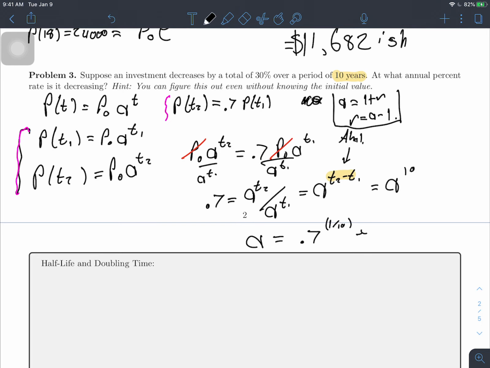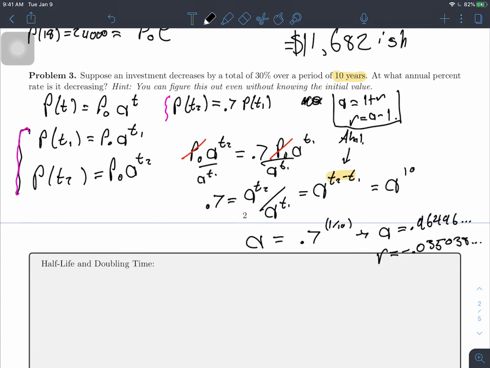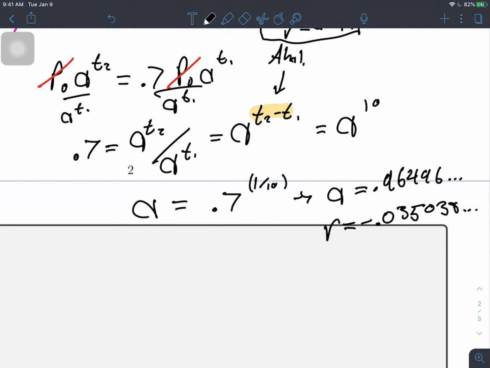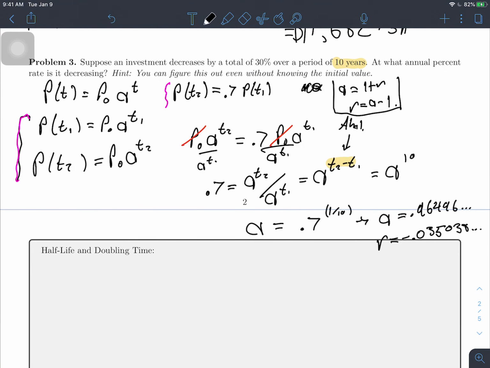And that tells me that A is equal to 0.96496..., which tells me that R is going to be this minus 1, so we get negative 0.035038... That's going to be our R. Okay, that's it for this part of the video.